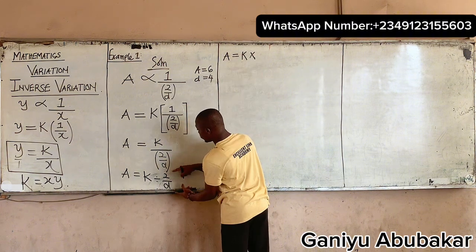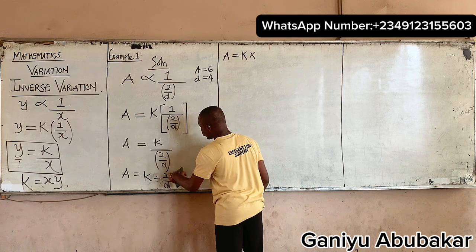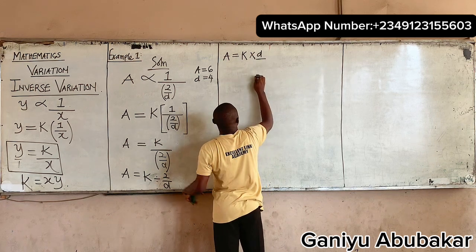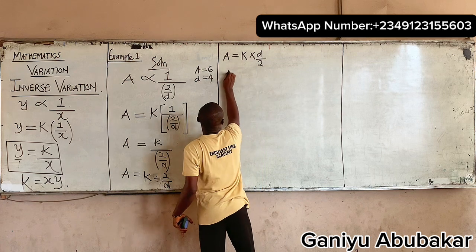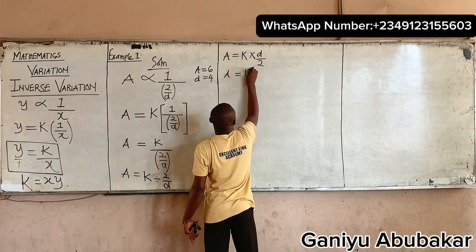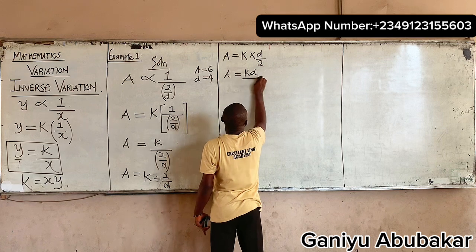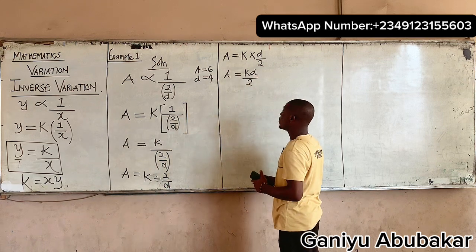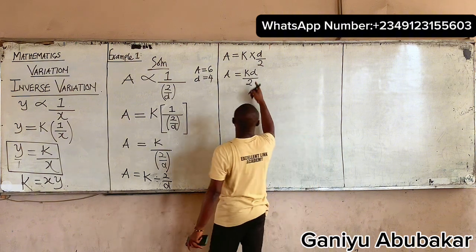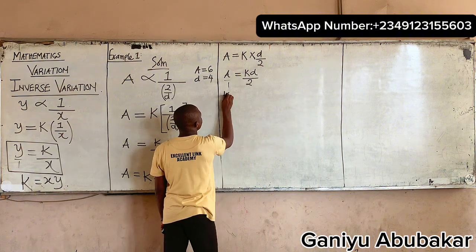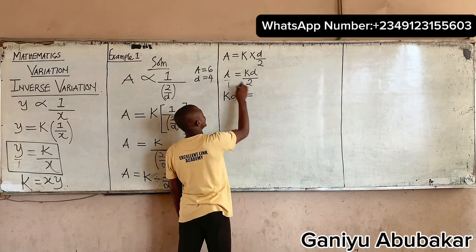You invert, the reciprocal. So d should come first. So I have d over 2. From here, A will be equal to k times d, which is kd over 2, right? Mind you, don't forget that we want to make k the subject. So to make k the subject here, 1 times kd is of course kd equal to A times 2.